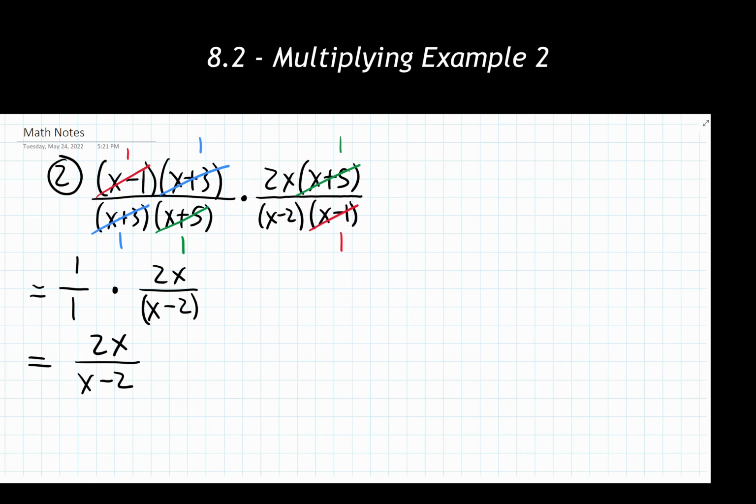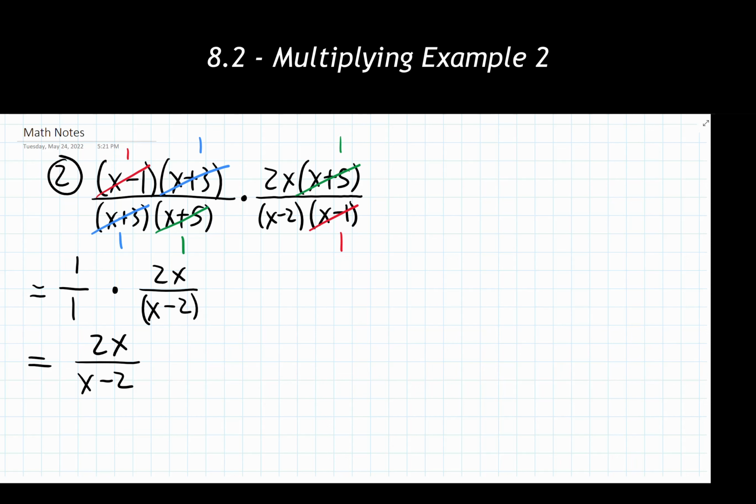A lot of people try and think, oh, I've got an x up top and an x down below. I could cancel those. Oh, I have a 2 up top. I have a 2 down below. I could cancel those. Remember, you absolutely must factor first, then cancel. If you cannot factor anything out, you cannot cancel anything out.